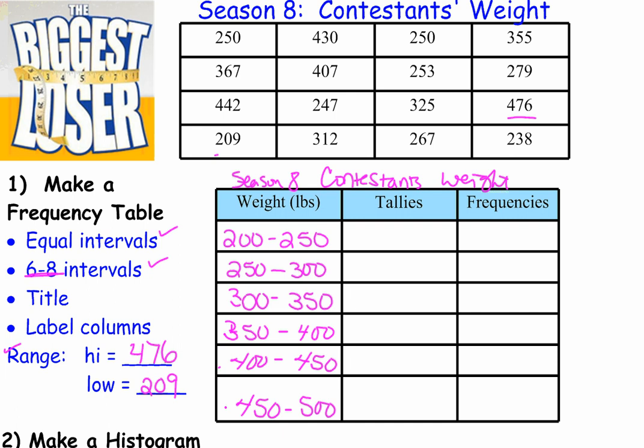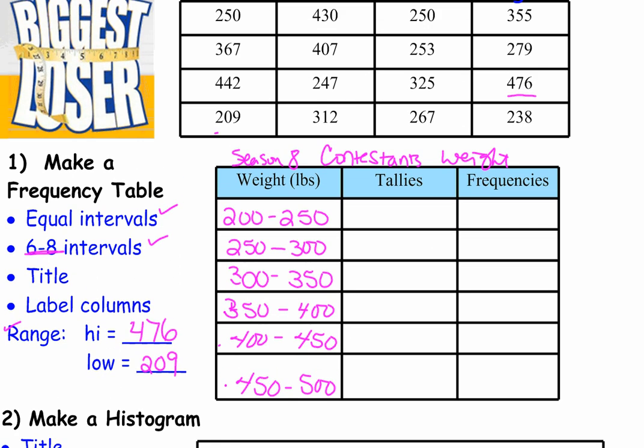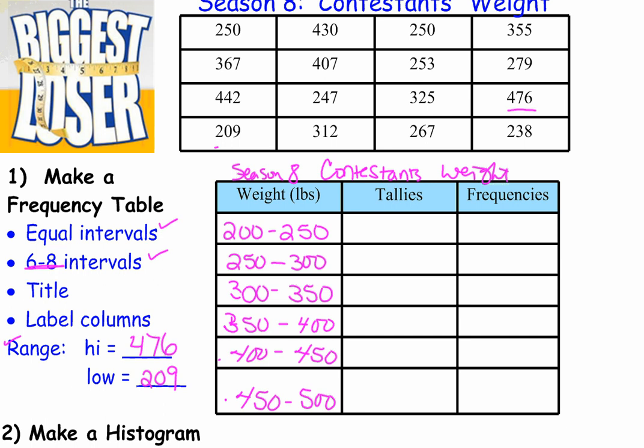And we are going to tally our results. So I have 250 falling in this category. Now, how did I decide to put it in this interval rather than this one?